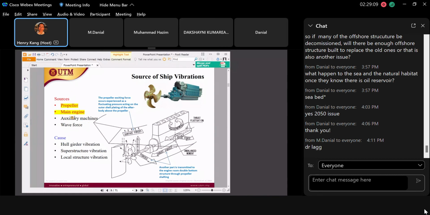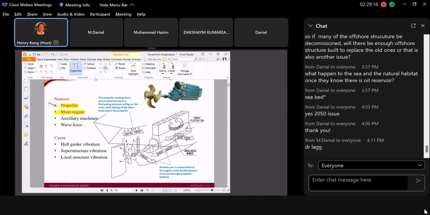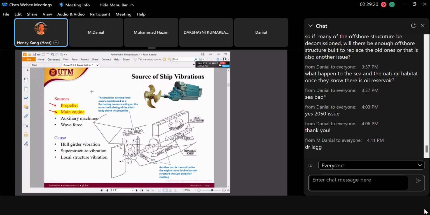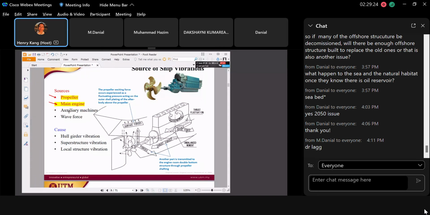So in our class, for this part, we are more concerned about the propeller and the main engine as sources of vibration. Then auxiliary machinery.